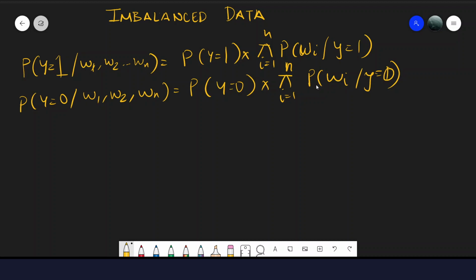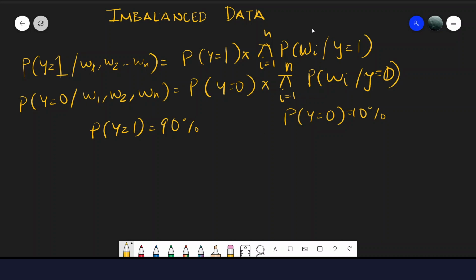Now, look, if our data set is highly imbalanced, let's say the classes that make up y equals 1 are 90% of the entire data set, and the classes that make up y equals 0 are 10% of our entire data set.